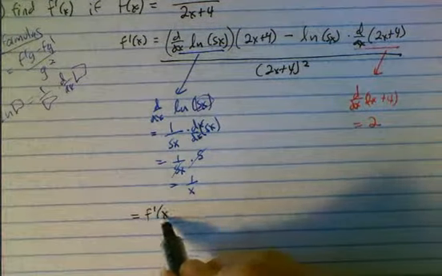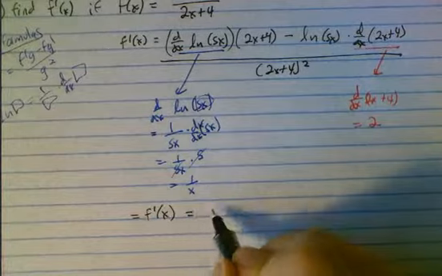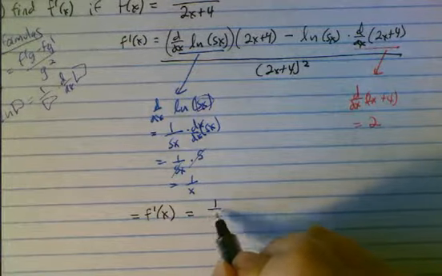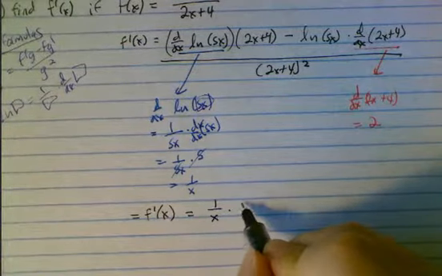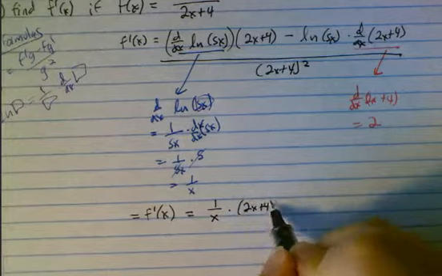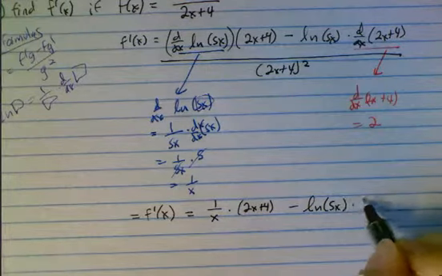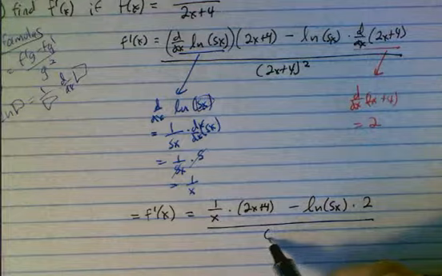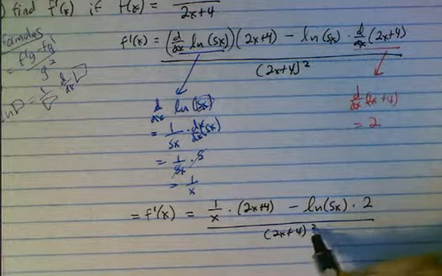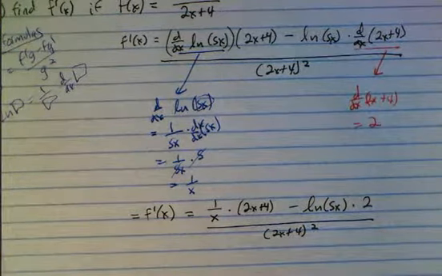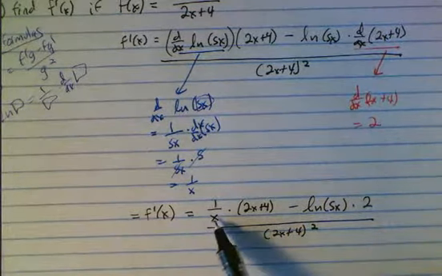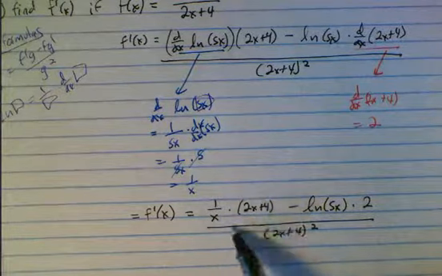Okay, f prime of x, so right here we have 1 over x times 2x plus 4 minus the natural log of 5x times 2, all of that over 2x plus 4 squared. Now notice that we have a denominator here, so this is a rational function.